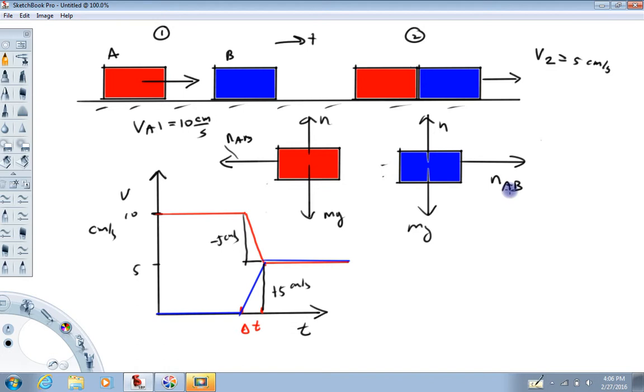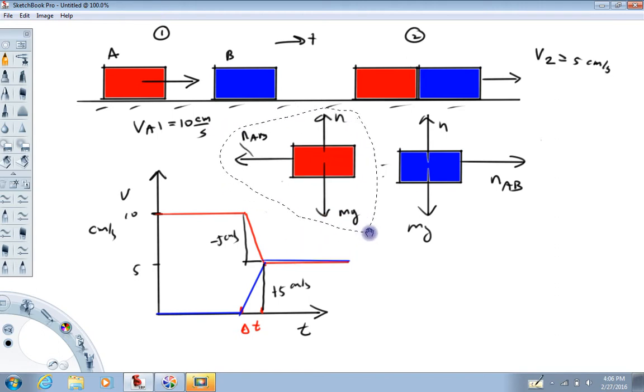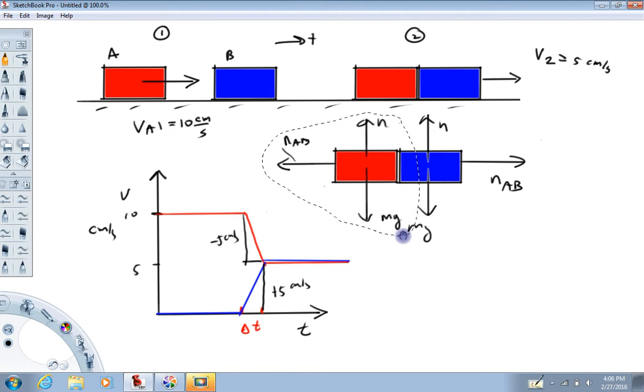So again, this picture is when they're actually in contact with one another. I know I've got some separation here, but I really shouldn't. Let me get these guys together. So these are the free bodies of each mass while they're in contact.